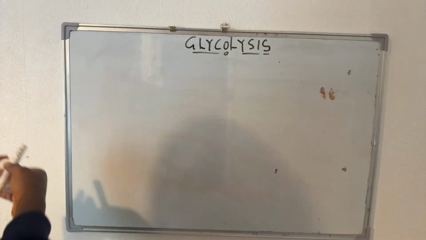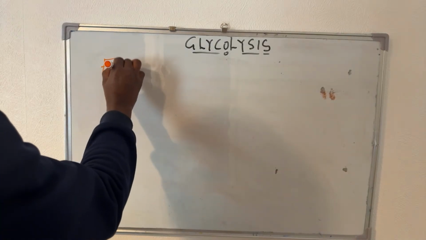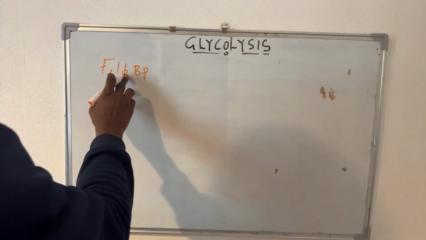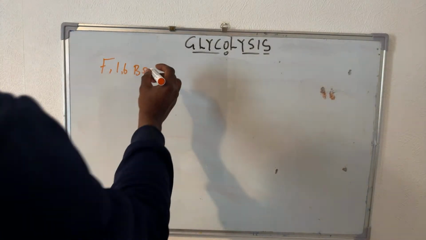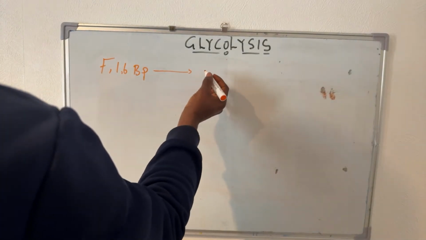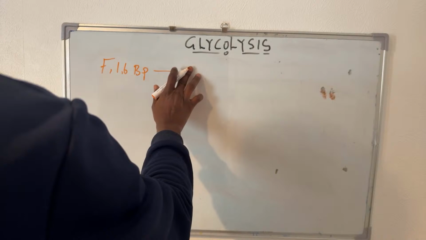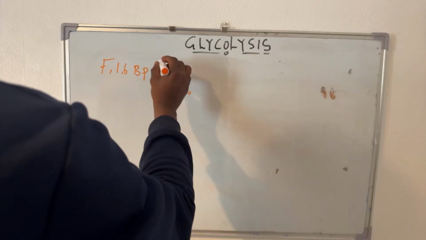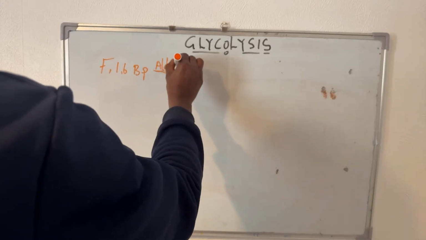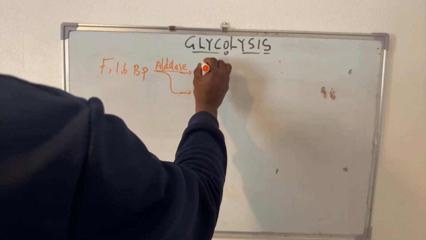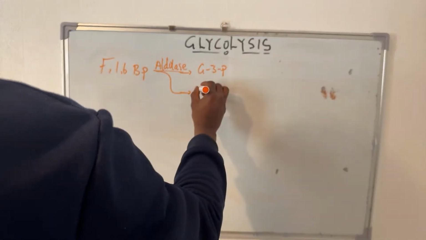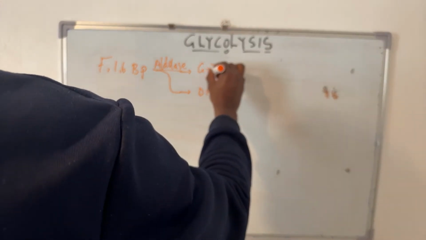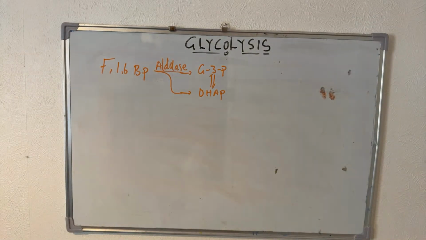Then I'll start from F1,6-BP, fructose 1,6-bisphosphate, which will be cleaved by aldolase to form G3P and DHAP, which are isomers of each other.